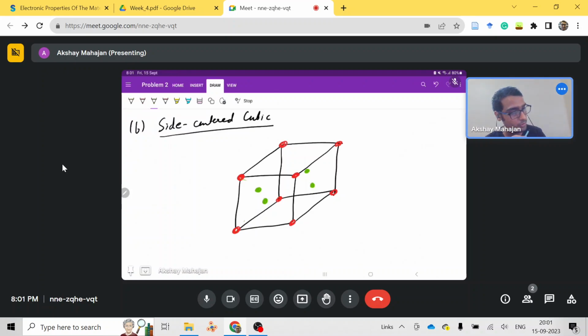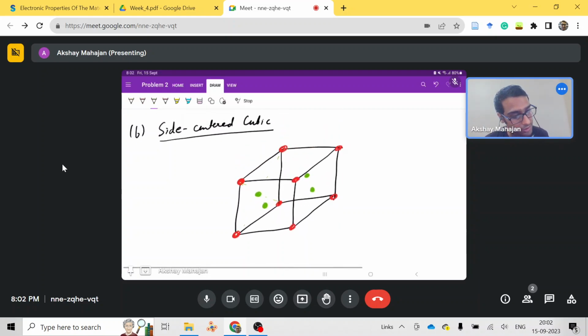Yes, there will be 4 vertical faces, and then we will have these 4 new points. This one is on this face, and similarly that one is on the front face. These 3-dimensional figures are quite difficult on a 2D surface. Basically, this is the side-centered cubic we now have.